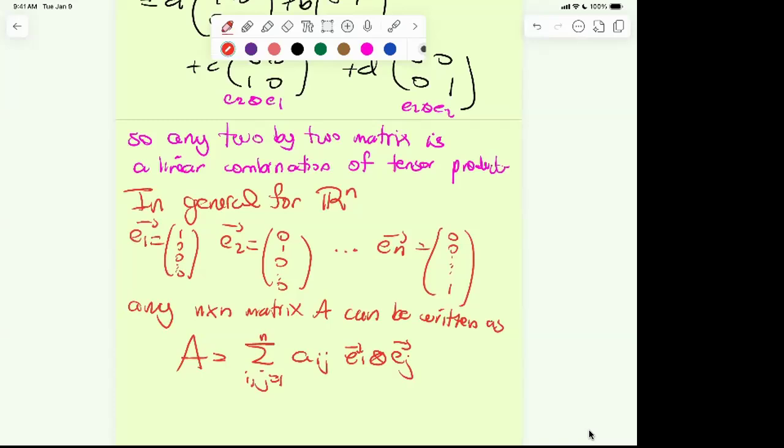But the idea is that this combination may not be the most efficient one, because again, it is possible that you could find different vectors that do the trick.